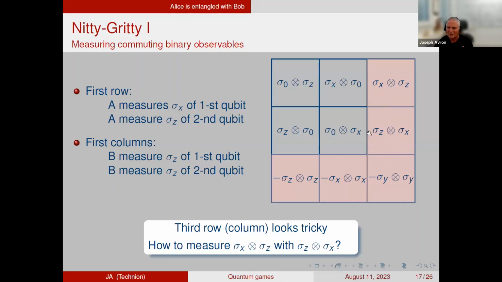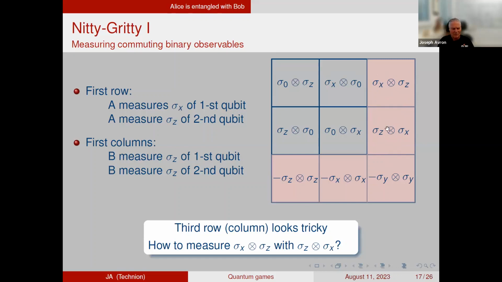These measurements are non-commutative. So it is true that this observable, which is sitting in this square, commutes with this observable. But it commutes because the first term anti-commutes and the second term anti-commutes.